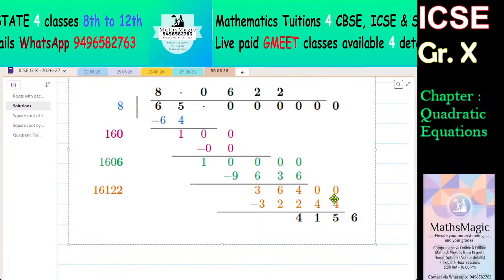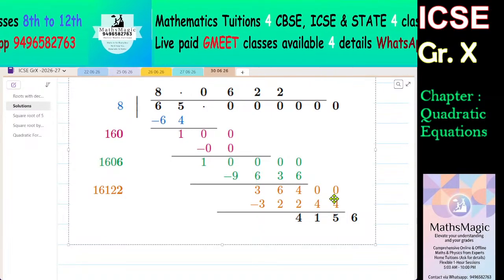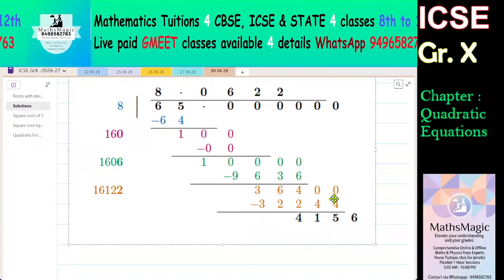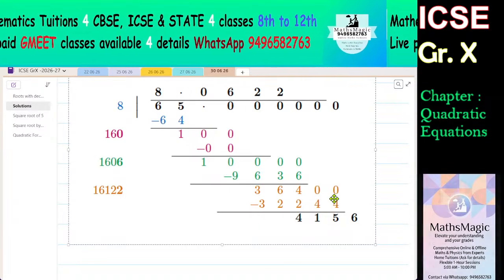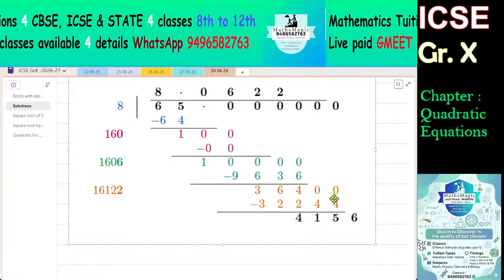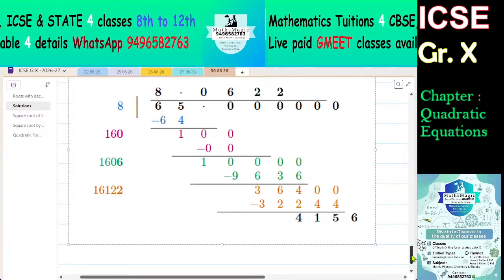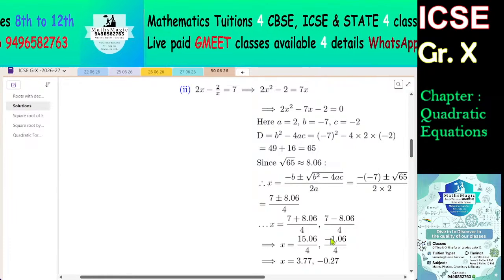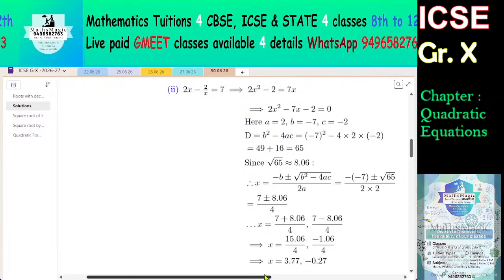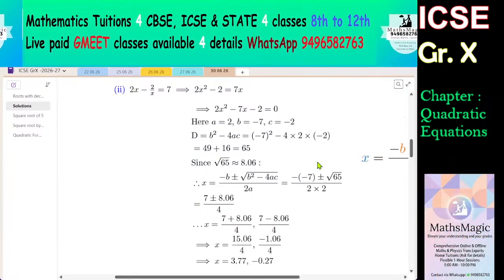A slight misalignment is there; you don't bother about that. 100, you make the double of 8, 160, put a 0 there. This is how we got the square root. Now the square root of 65 is 8.06. Substituting, we'll get the answer.